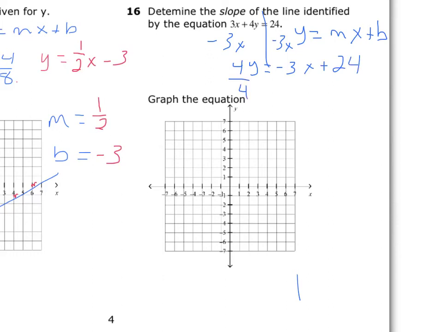And then we're going to divide by 4. And we end up with y equals -3/4 x plus 6. And it asks for the slope, so we're only looking for the number in front of the x, or the coefficient, and that's -3/4. So m equals -3/4.